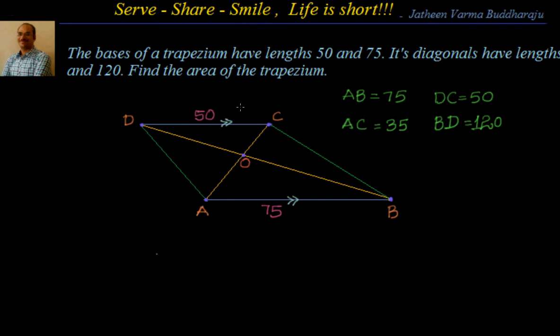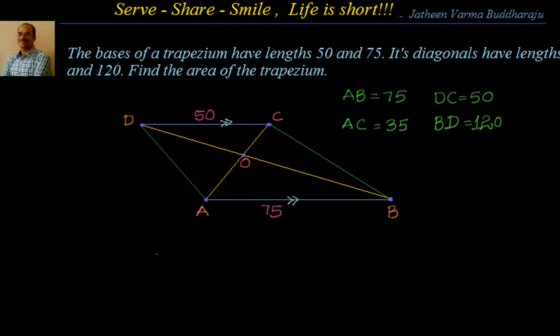Now let's first understand how to find the area of this trapezium. Let us start with what we should know to find the area of a trapezium, and proceed to see where we have to start with this problem.